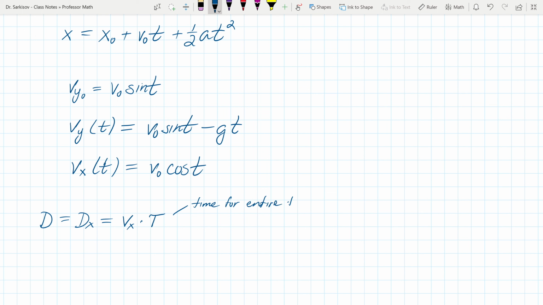So that's going to equal, we don't know that time yet, V naught, and let's substitute for Vx, cosine theta, of the angle theta. So it's a good thing we're doing here: sine of an angle, cosine of an angle. And times the T.